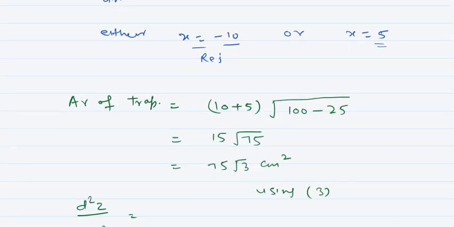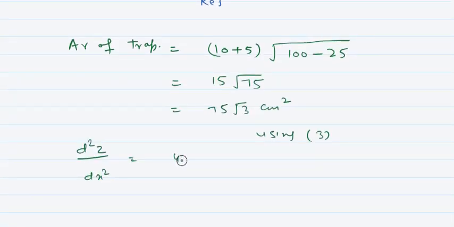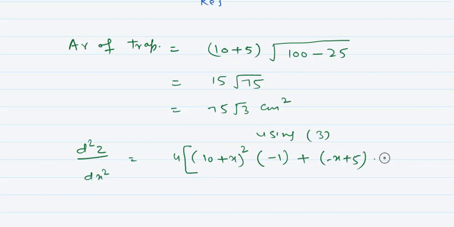So clearly this is 4 into 10 plus x whole square into minus 1, plus minus x plus 5, with the 4 out of the whole quantity, into 2 into 10 plus x into 1. Now again it is possible to take common 10 plus x.